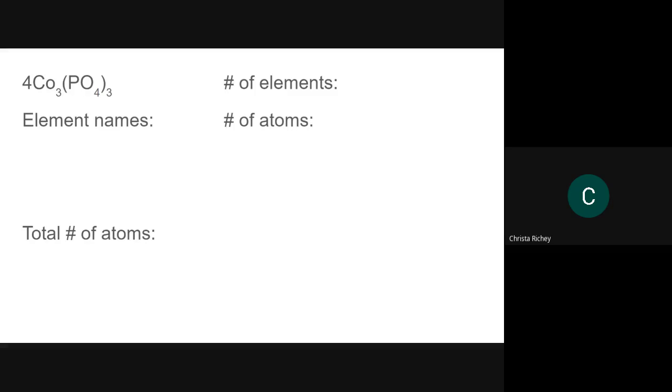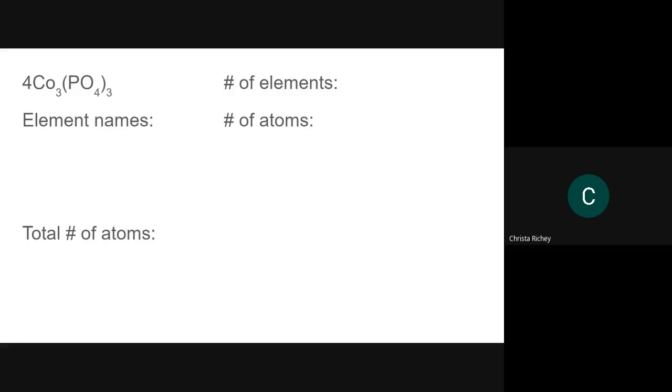Phosphate has, just inside the parentheses, one phosphorus and 4 oxygens. I haven't multiplied anything out. I'm just saying the actual phosphate ion is 1 phosphorus and 4 oxygens that are stuck together.